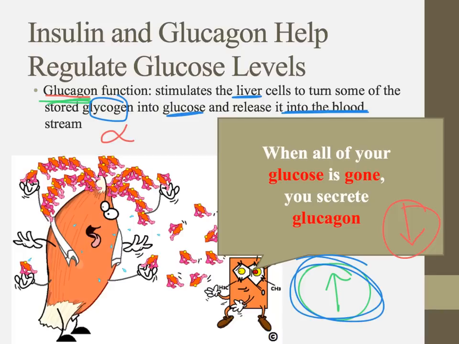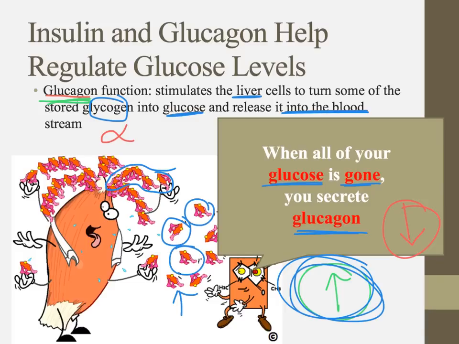So that causes our blood glucose levels to go up. I always remember that by saying when all your glucose is gone, you secrete glucagon. Again, glucagon is going to cause those glycogen molecules to be broken up into individual glucoses, which would cause your blood glucose level to go up.